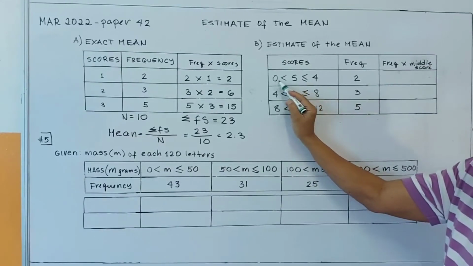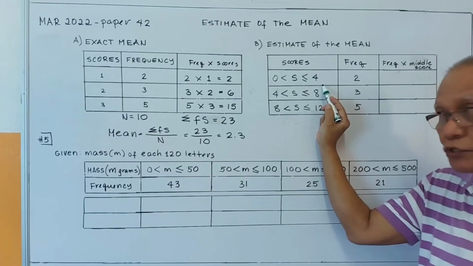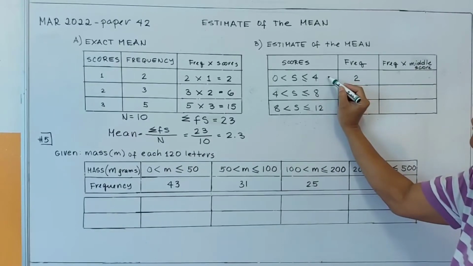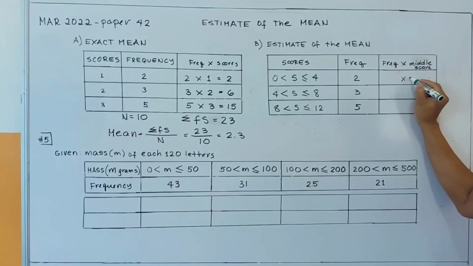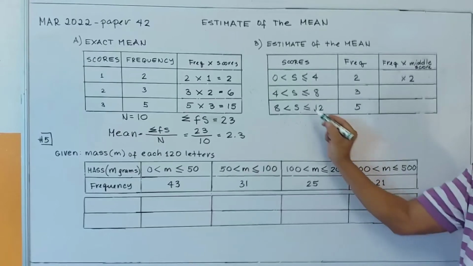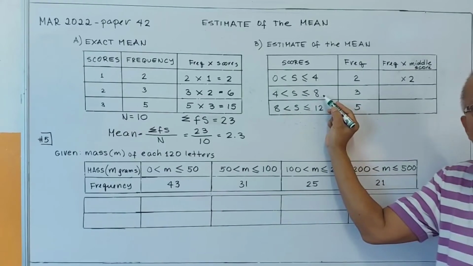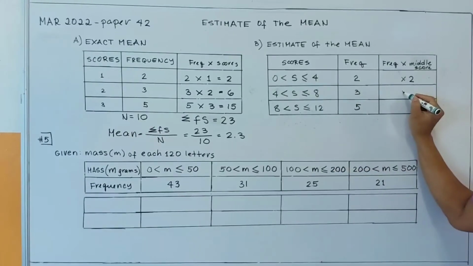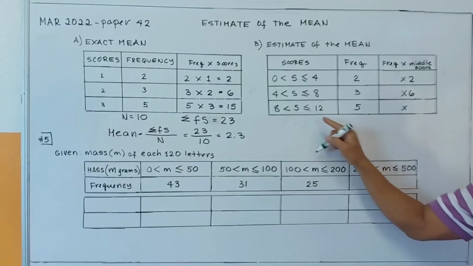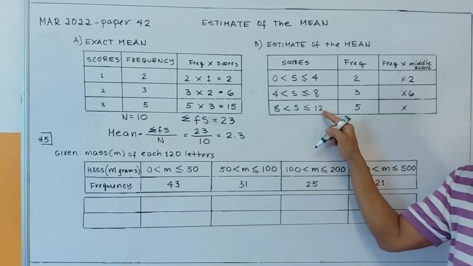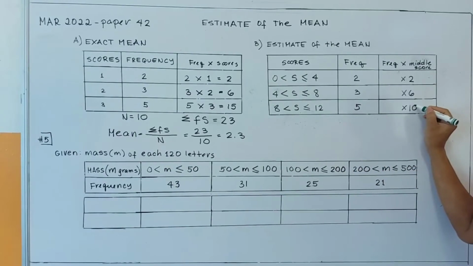So here we have 0 plus 4 is 4, divided by 2 is 2. So here, the middle score is 2. The middle score of this one is 4 plus 8 is 12 divided by 2 is 6. And here 8 plus 12 is 20 divided by 2 is 10.